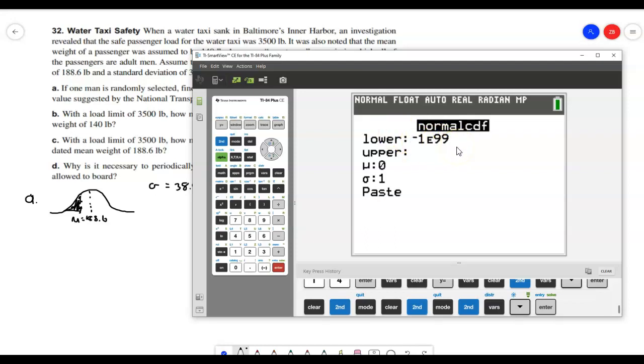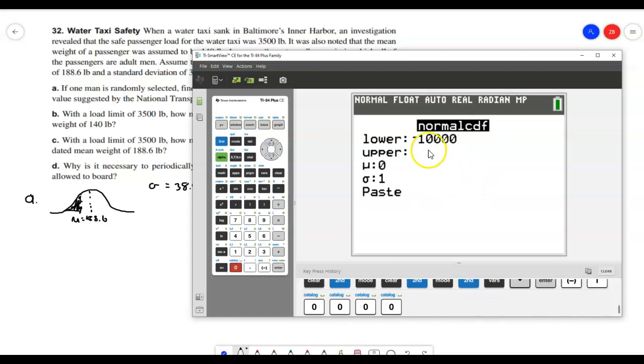It means it's negative 1 and then you move the decimal place 99 places, so it's a really large negative number. You can do that, or what I usually do in my statistics class is negative 10,000. That's fine. That's your lower limit because the left tail is shaded.